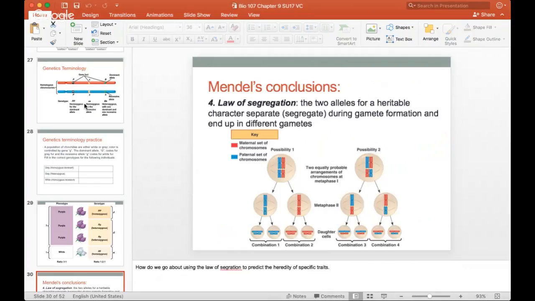Oh, okay. So the law of segregation is separate from the law of independent assortment. Let me go ahead and just make another Word document to separate these out for you guys so it's more clear. Okay, give me 1 second to type this up.